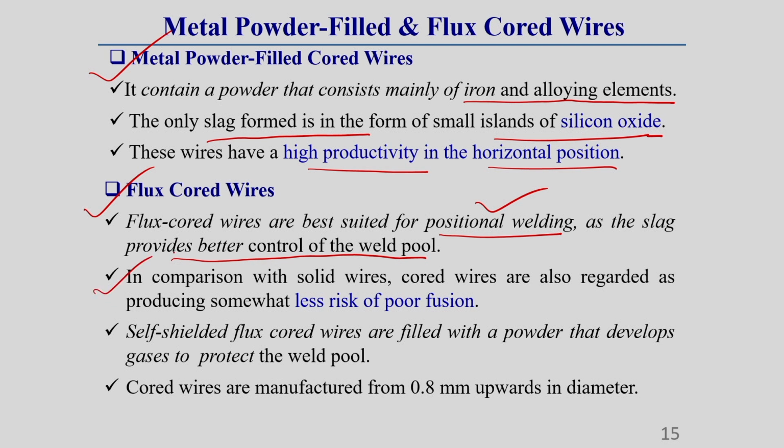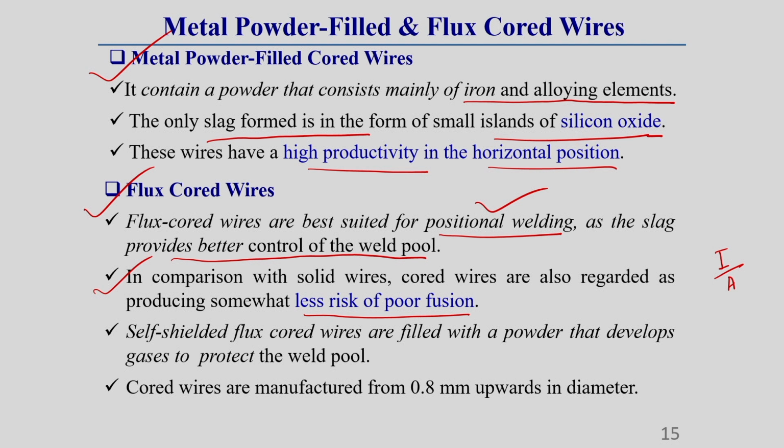In comparison with solid wire, core wire is also regarded as providing somewhat less risk of poor fusion. As flux core is used, once you use it, its current density increases, because the flux inside will not carry current; only the outer solid ring will carry the current. So your cross-sectional area for carrying current will be less, and then your current density will be more, because current density is current per cross-sectional area through which the current is flowing.